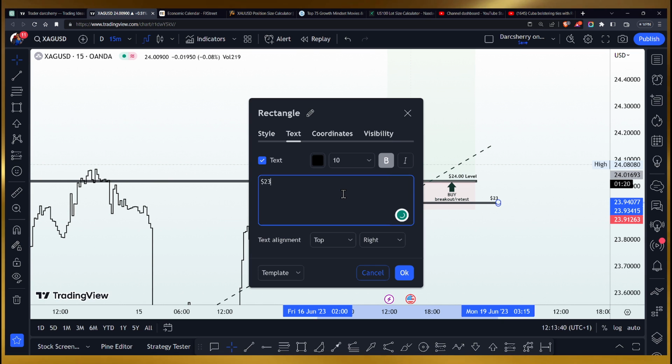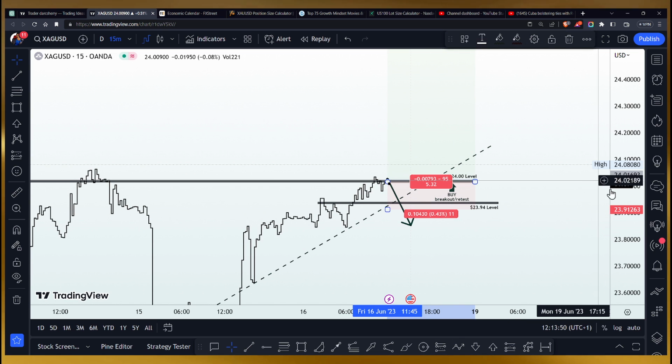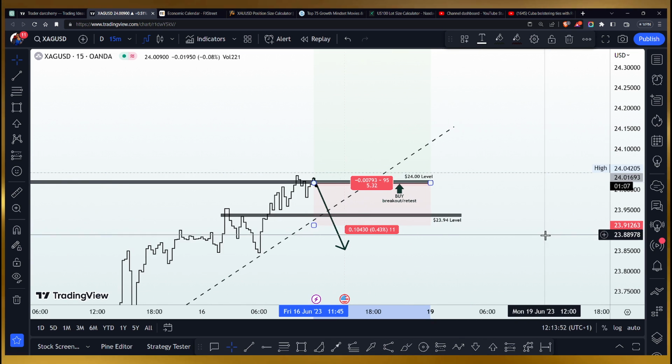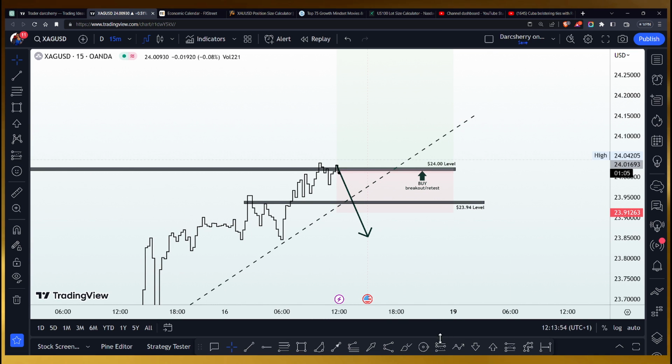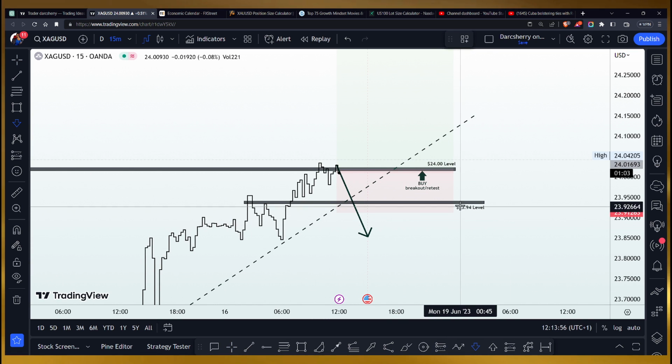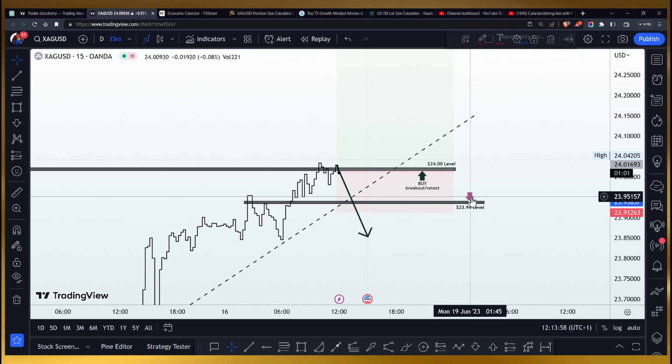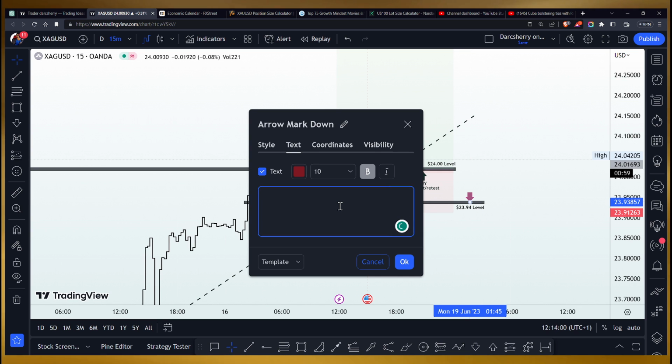So we have the $23.94 level marked out on the chart. So I'll place this right below. So what we are going to be looking out for to sell is for price action to break down, retest the $23.94 level. Then at this point, we shall start considering selling the XAGUSD for today.